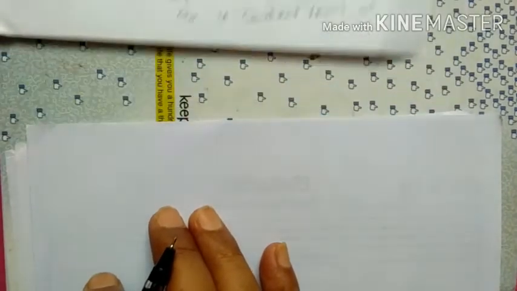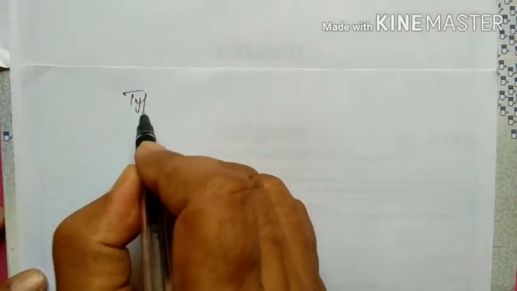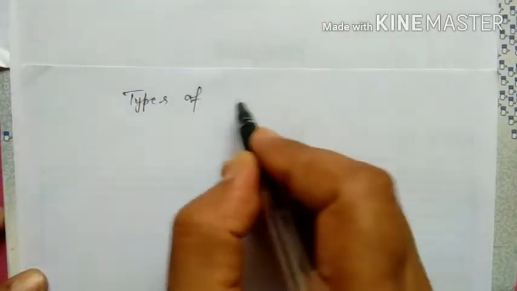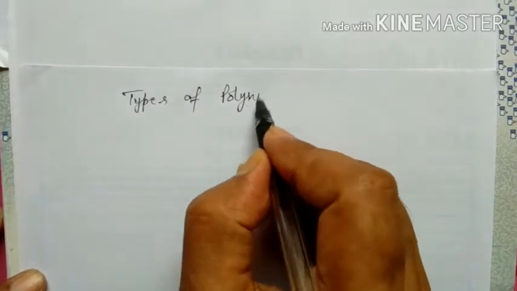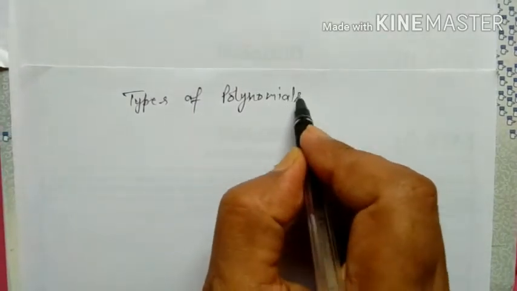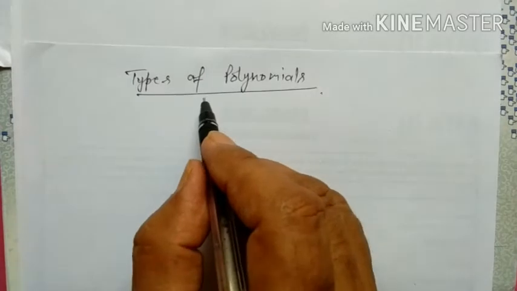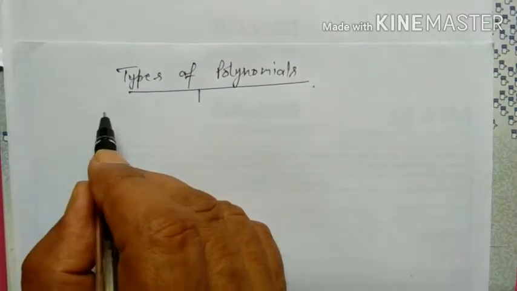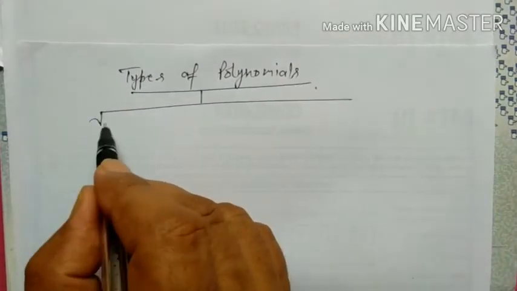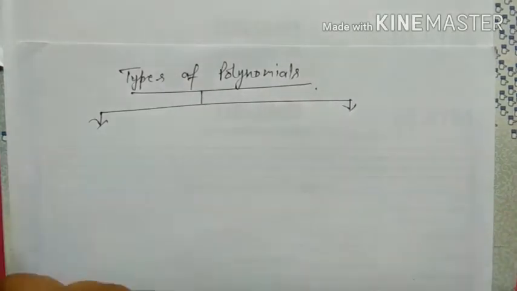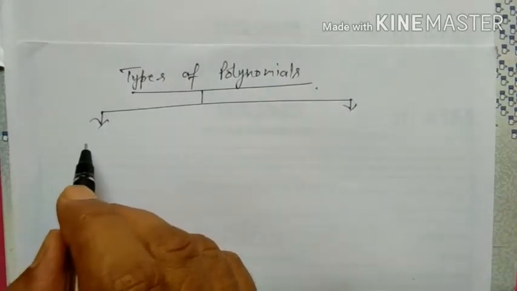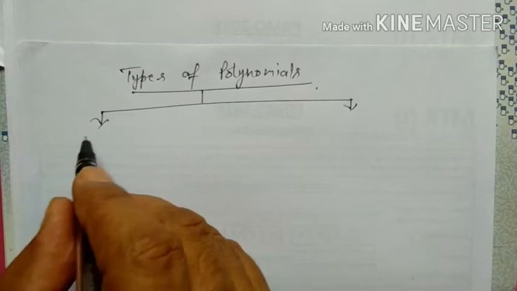Now we will start the types of polynomials. Next topic is the types of polynomials. We divide the polynomials on two bases.